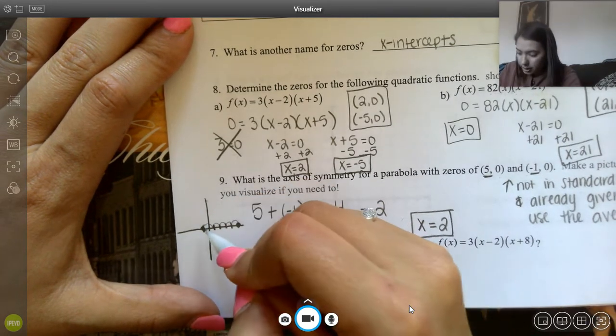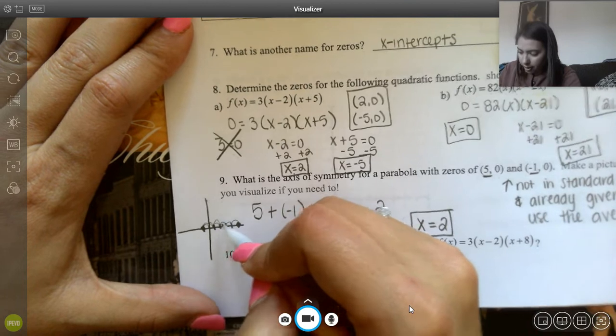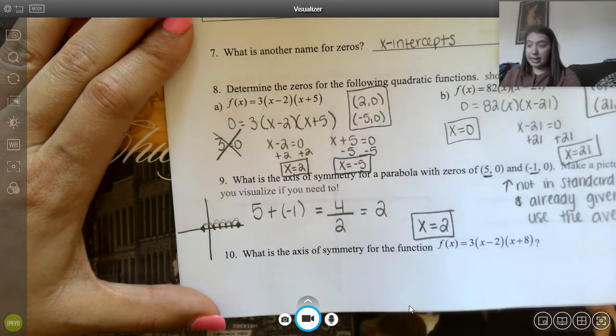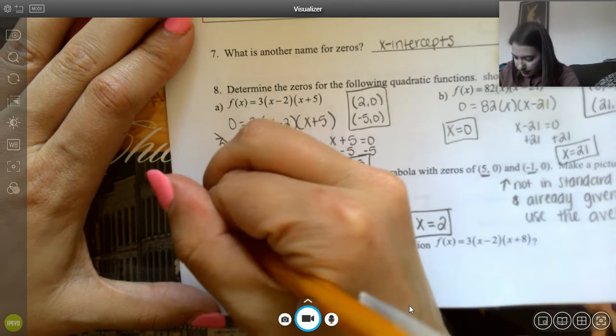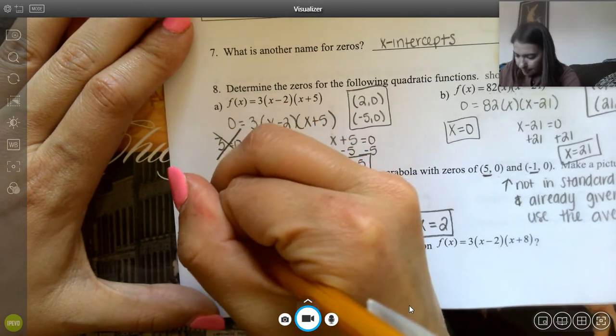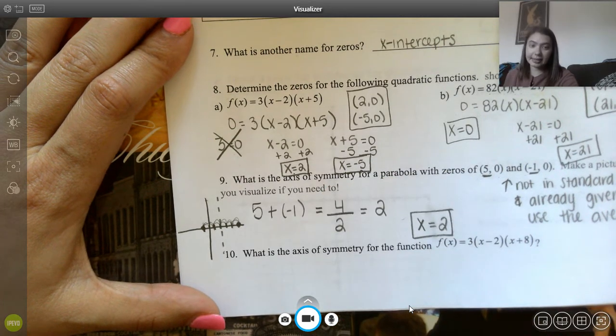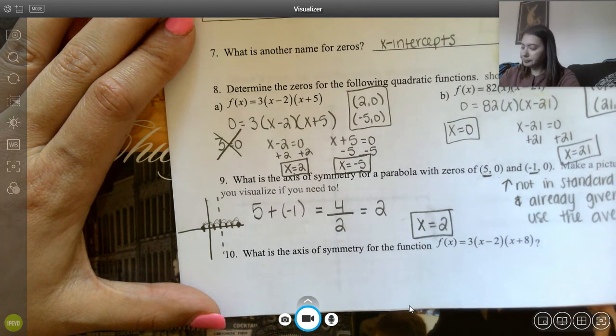I forgot 0. 1, 2, 3, 4, 5, 6. 6 spots. So if you go 3 in and 3 in, 1, 2, 3, you do get that middle term being the line where x is equal to 2. So that is the axis of symmetry. It cuts it in half.